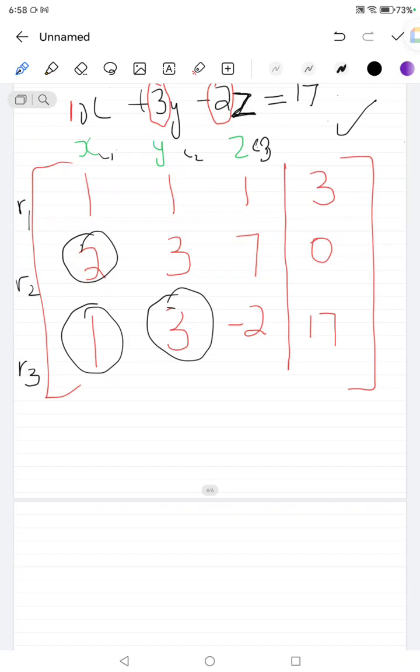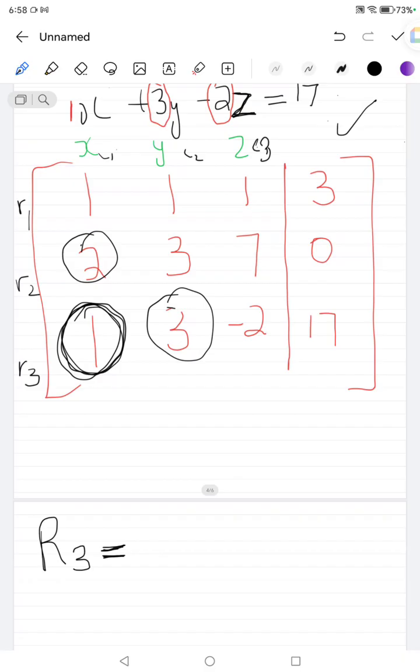So if we want to make sure that we have a 0 where we have our 1 here, we will say our new row 3, and I'm going to write it in capital letters so that you're not confused.